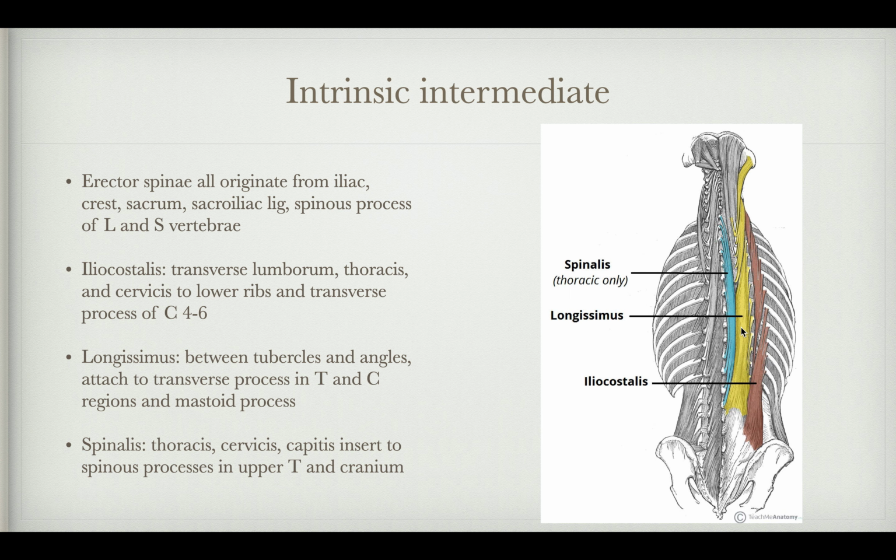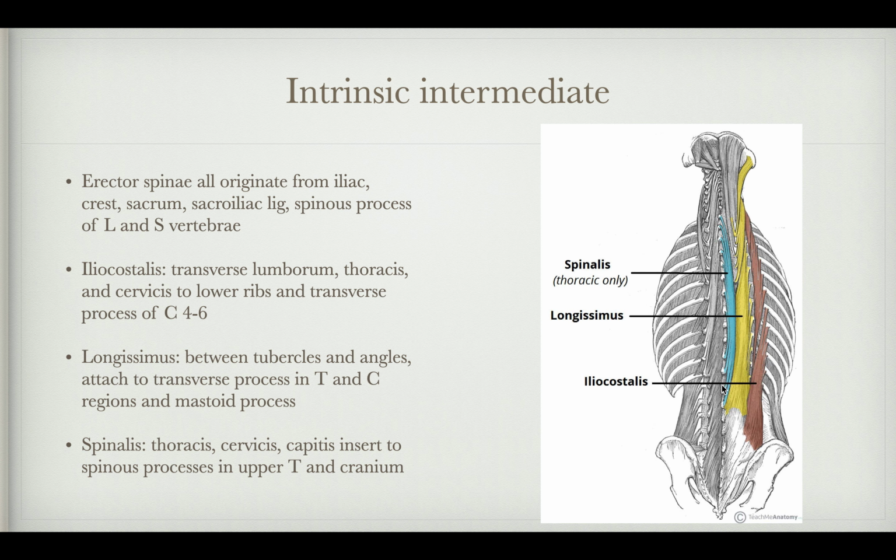Longissimus is the medial, or the medium, muscle, and it lies between the tubercles and the angles of the spinous processes, and they attach to the transverse processes in the thoracic and the cervical region, and all the way up into the mastoid process.